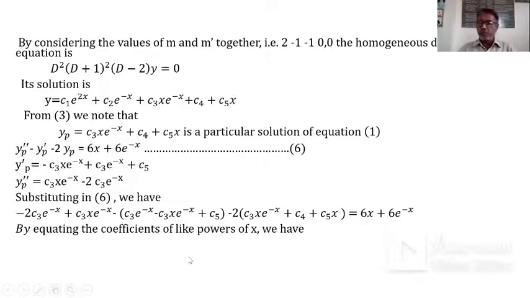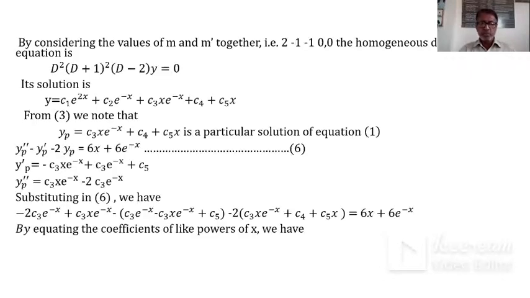Now by equating the coefficients of like powers of x, we consider the coefficient of x, the coefficient of e to the power minus x, and then the remaining terms. We obtain minus 3c3 is equal to 6. See here, if we consider the coefficient of e to the power minus x only, here it is minus 2c3, and this is minus c3, which means it becomes minus 3 times c3.